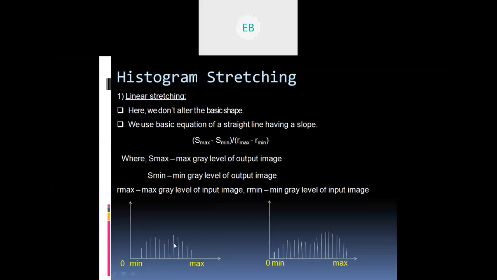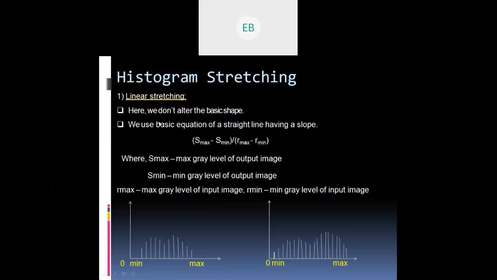Using linear stretching we don't try to change the basic shape. We just try to stretch the intensity levels of the image. The output is actually the same, only it stretches the input image in the output.